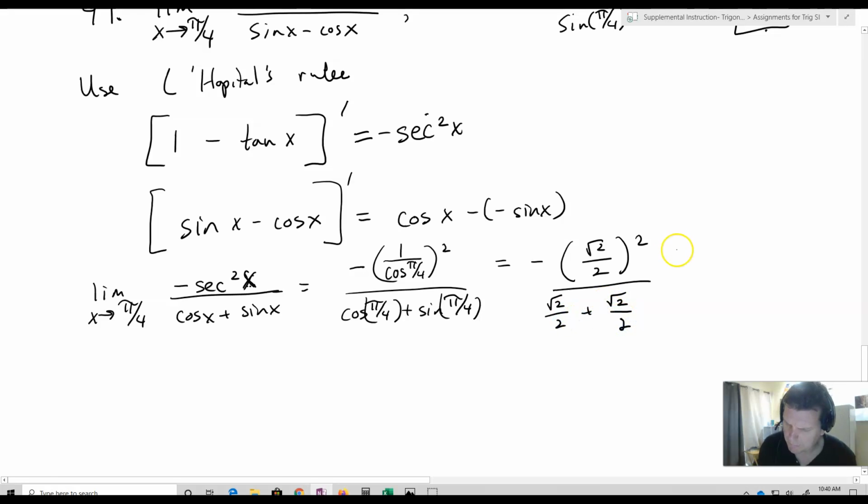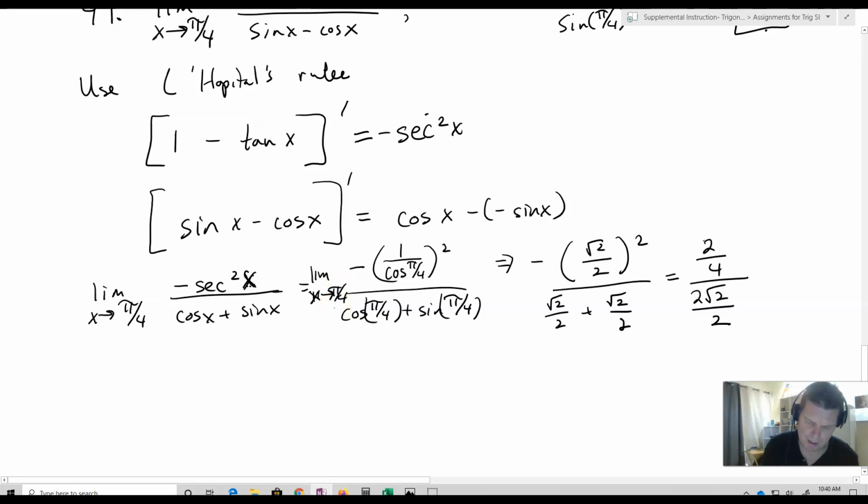Okay? And so this is then going to equal 2 over 4 divided by 2 root 2 over 2. That's the limit as x goes to pi over 4.